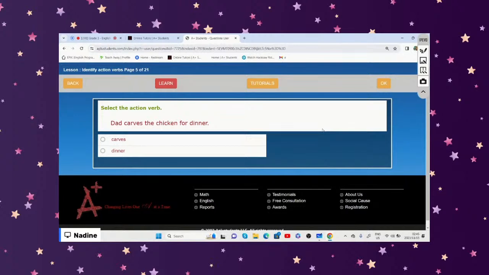It says Dad carves the chicken for dinner. All right, so if we want to select our action verb and then we can say carves.